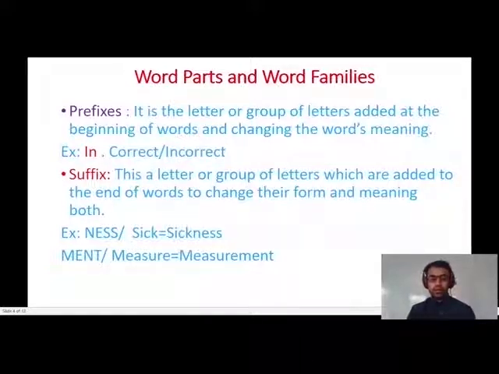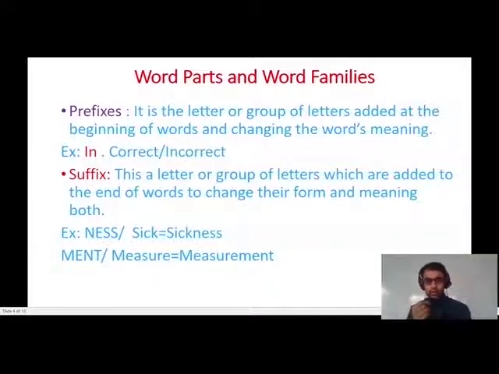Correct means something accurate, and incorrect means something wrong. So this is an example of a prefix which can change the meaning of the word. Usually prefixes can be, as we said before, one single letter, or a group of letters, two letters, three letters, and so on.